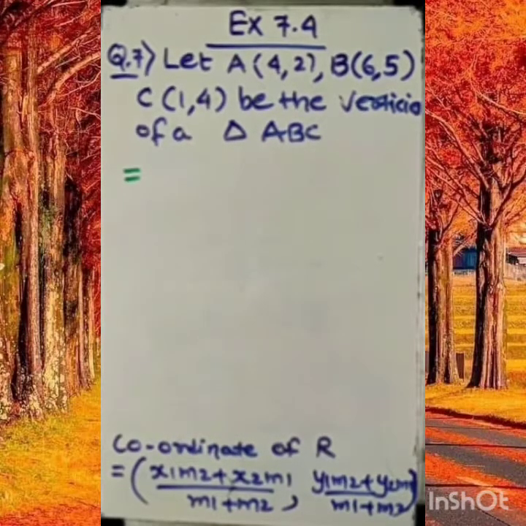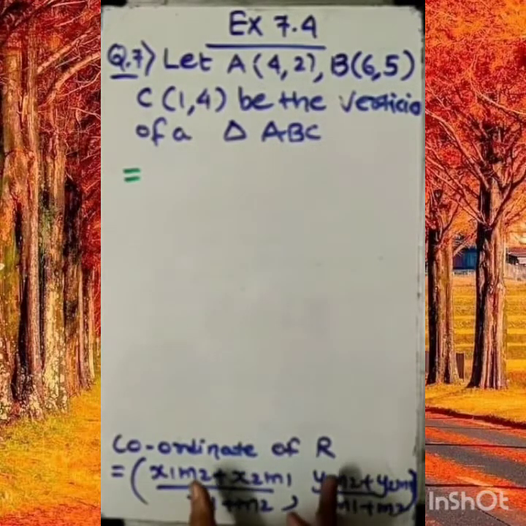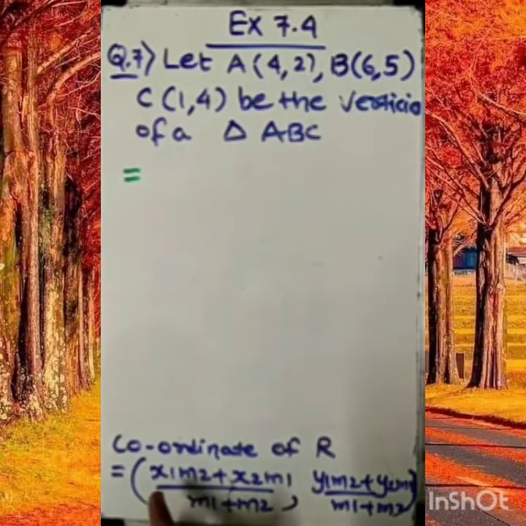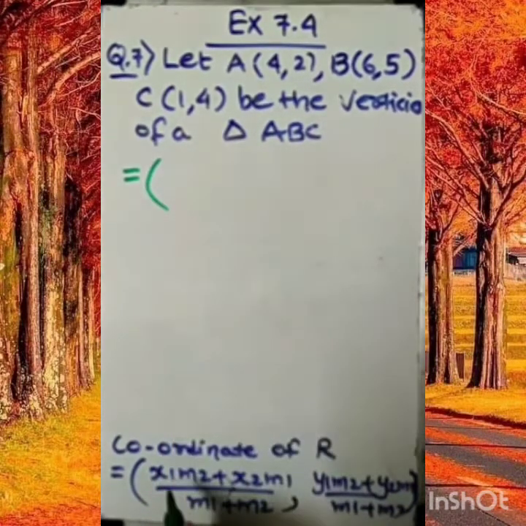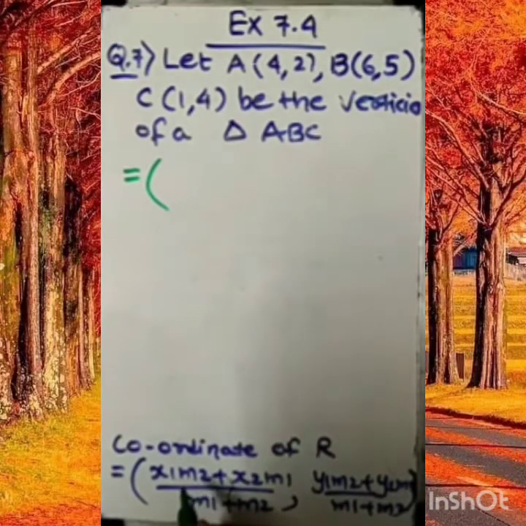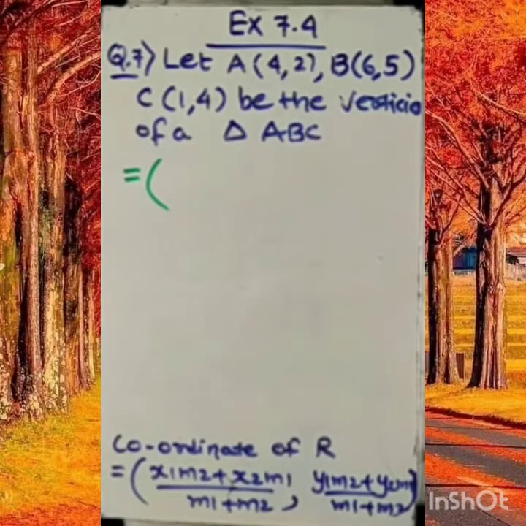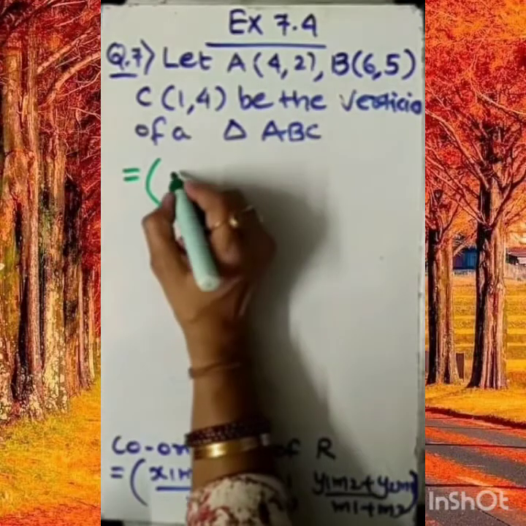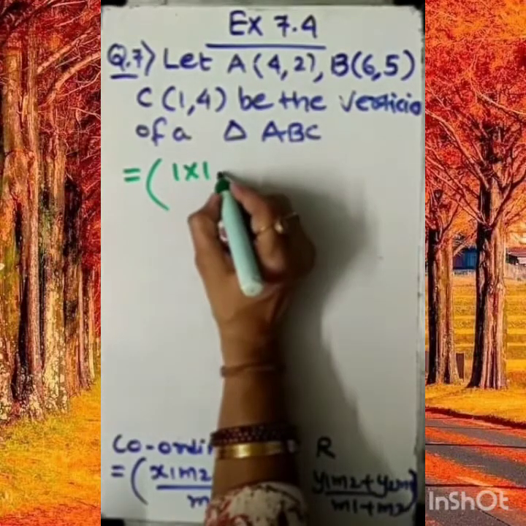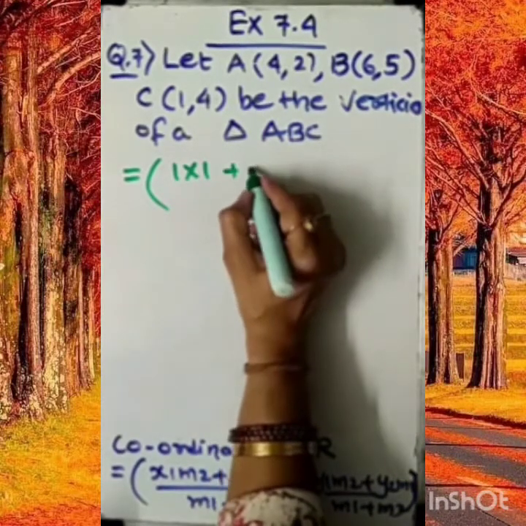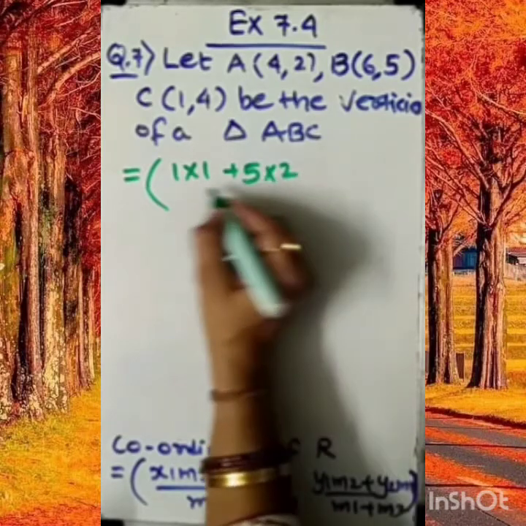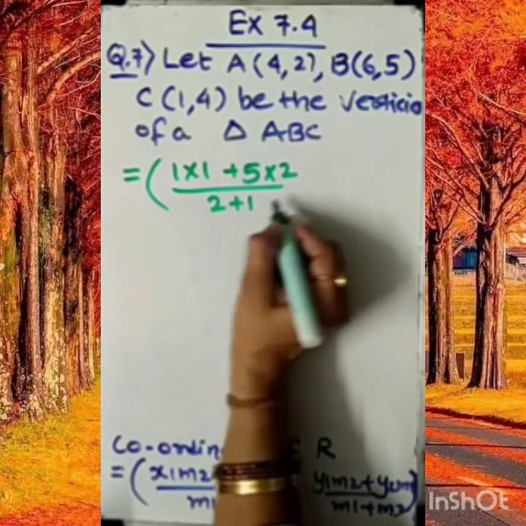So my dear student, this is the coordinate of R, for which I apply the section formula. Let's substitute the values according to the question. What is x1 here? It is 1. So 1 into 1 plus 2 into 5, upon 2 plus 1. The ratio is 2 to 1.